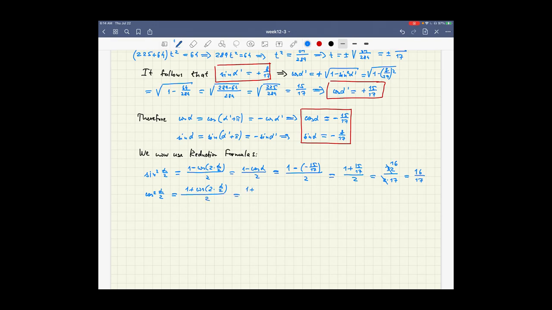So that is 1 plus cosine alpha over 2. 1 plus negative 15 over 17. Seventeen minus 15 is 2. So we get 2 over 2 times 17, which is of course 1 over 17.